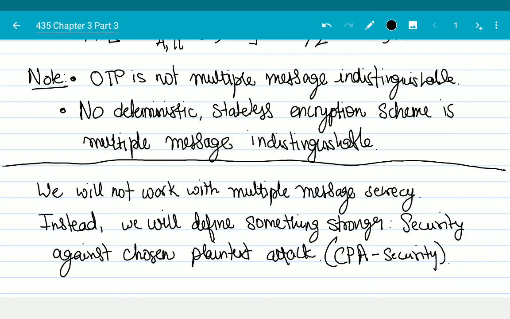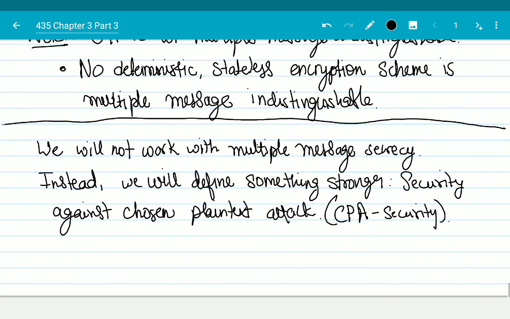So we will look at this next time. What was chosen plaintext? You're allowed to send a message with a chosen plaintext once, and then you have to get the next message. Okay, but we'll look at that in the next lecture. For now, let's stop here.